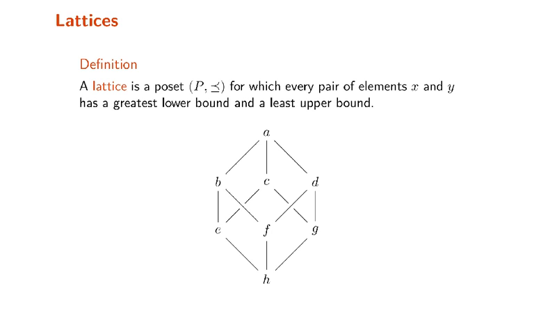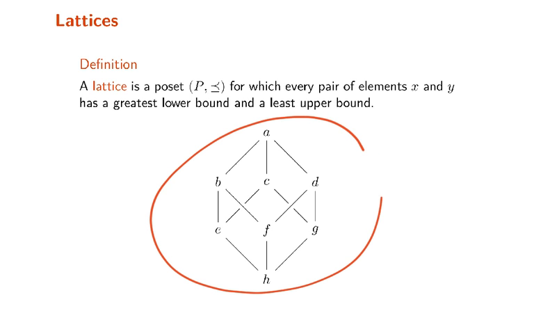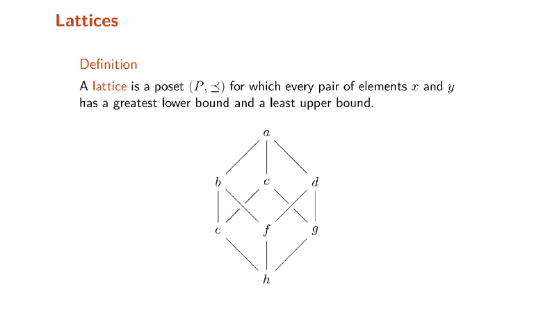So we are going to say that a poset is a lattice in case that every pair of elements has a greatest lower bound and a least upper bound. So, in this example, for instance, you can check that this is true. You take not just these two that we already checked, but any other pair.